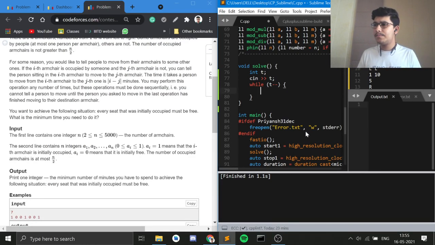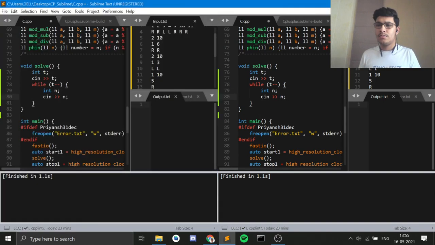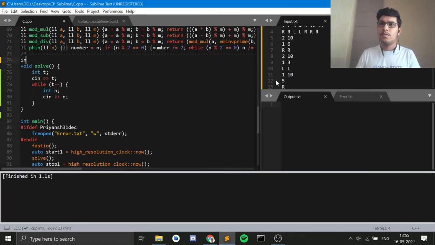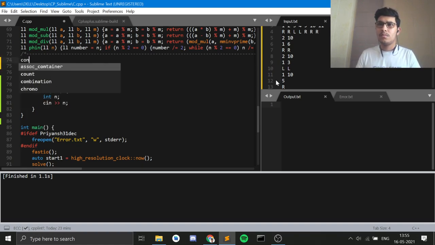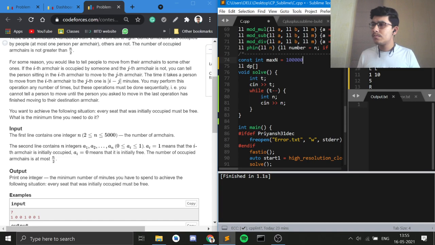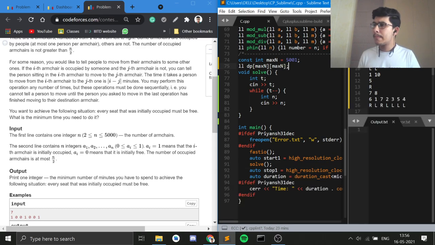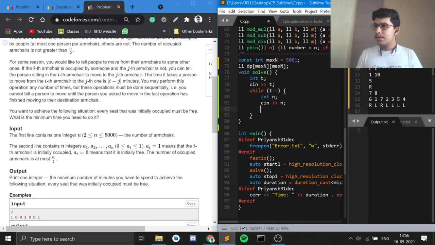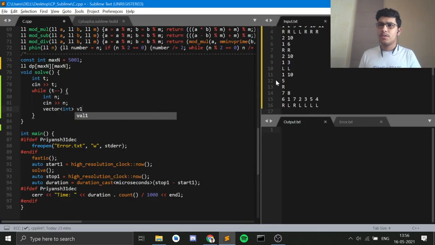Let's remove this. Right. Then I have vector. Or I can keep it like this.